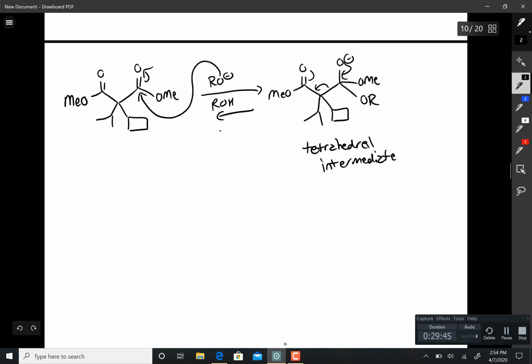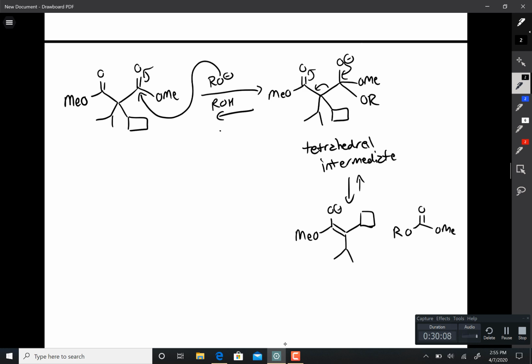Or if you kick off the carbonyl containing group, you do the retro-Claisen. Added too many double negatives there, so you just end up doing the retro-Claisen, getting this as a byproduct.